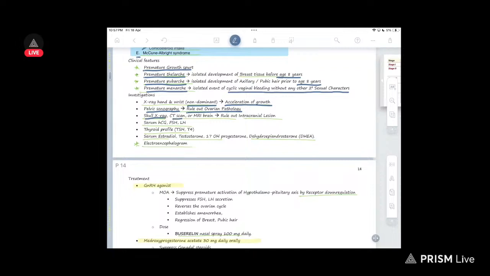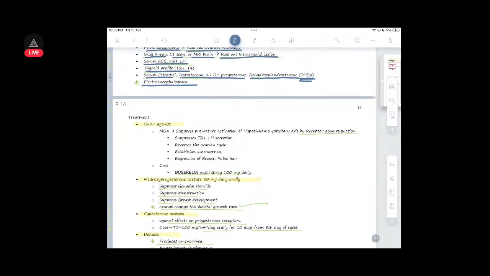Skull X-ray, CT scan or MRI brain will rule out intracranial lesion. Serum HCG, FSH and LH, thyroid profile, TSH and T4, serum estradiol, testosterone, 17-hydroxyprogesterone, dehydroepiandrosterone, DHEA. All of them should be done, and electroencephalogram can also be done.